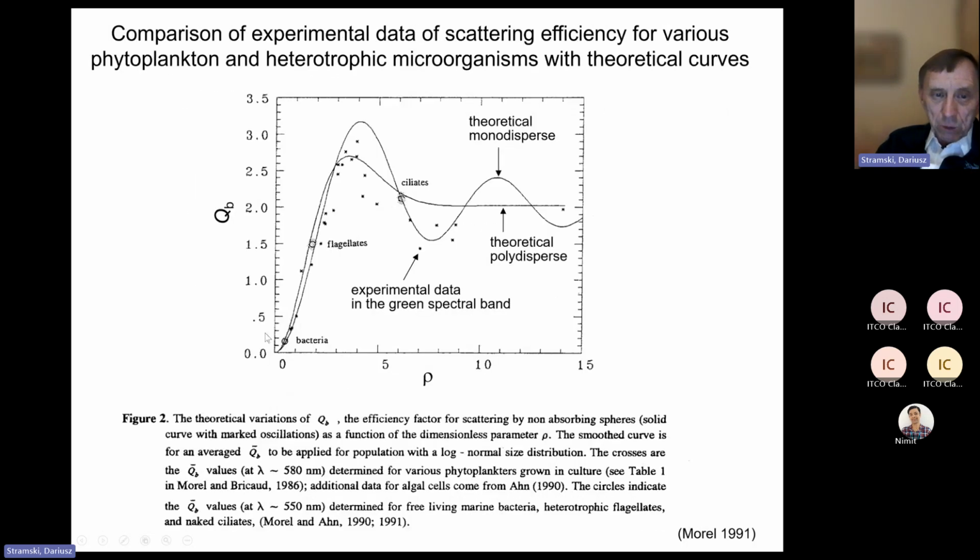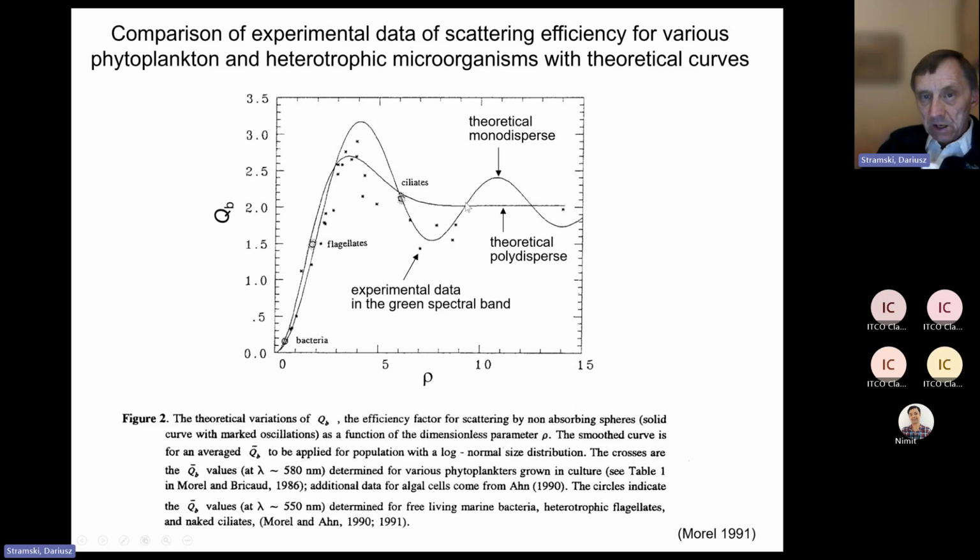But basically what we see is that small-sized particles like heterotrophic bacteria, and some of these other points associated with small-sized phytoplankton, Prochlorococcus, Synechococcus, flagellates about 4 micron in size, are here. Some larger-sized phytoplankton species are here. Ciliates about 30 micron in size are here.